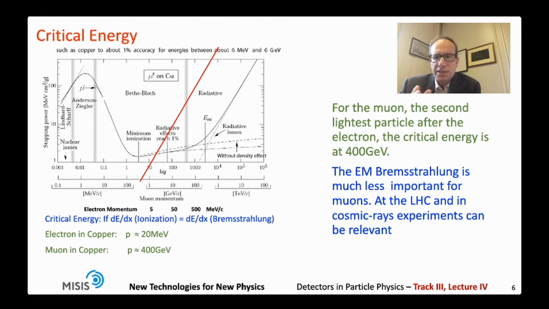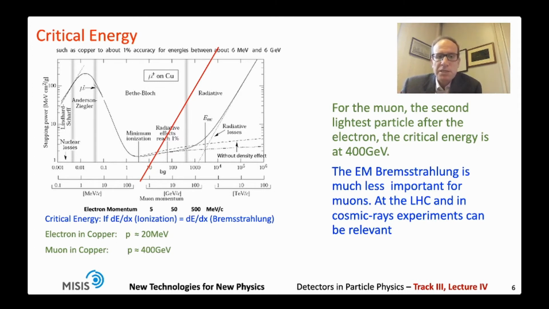This critical energy, where you start to have the Bremsstrahlung dominating, starting from this threshold, your Bremsstrahlung energy loss will be dominating with respect to the ionization. This critical energy is very much different, and it very much depends on the mass.